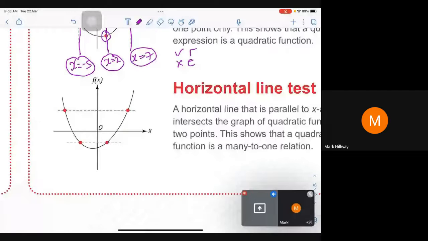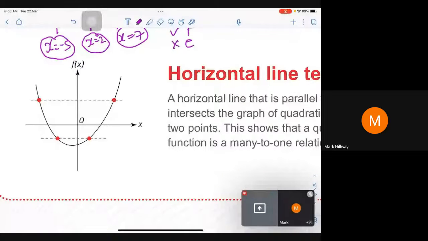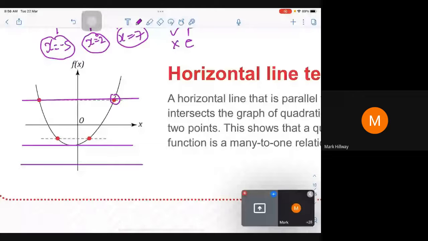Okay, good. What will the horizontal line affect if we draw on the curve in a quadratic graph? There are three types of the line. First one, this is horizontal. Here we have two intersects. The second one, we will have only 1 point.